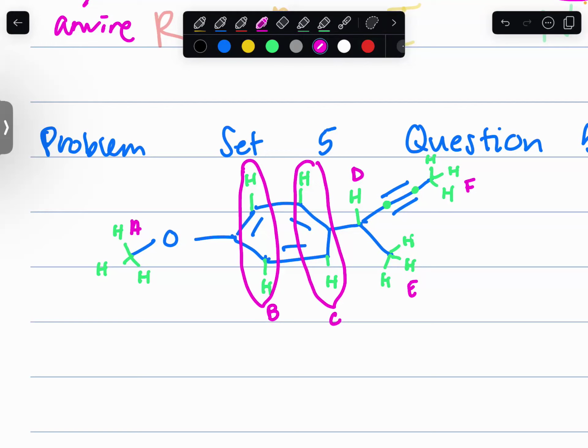It is symmetrical because we could cut these bonds in half, and so these two protons see the exact same thing. We could fold our benzene ring like on a piece of paper, and those two protons would end up right on top of each other.